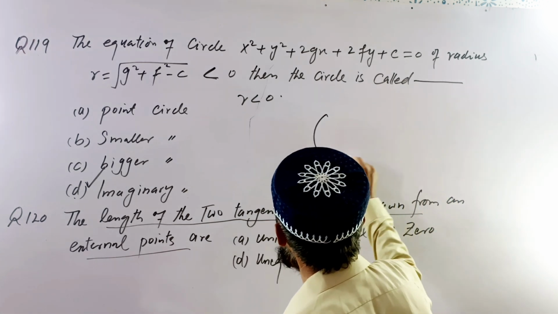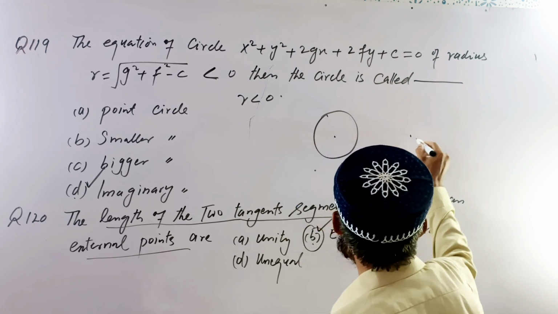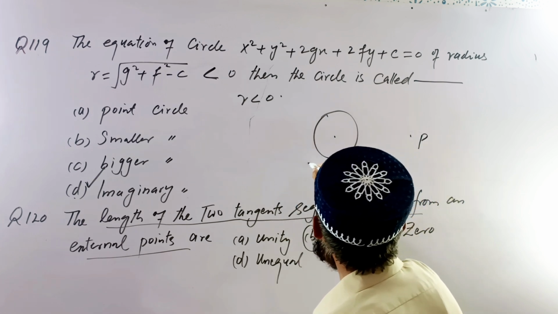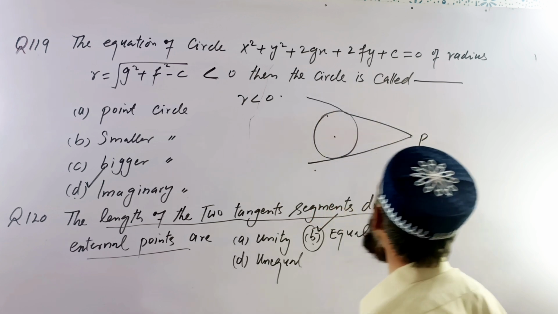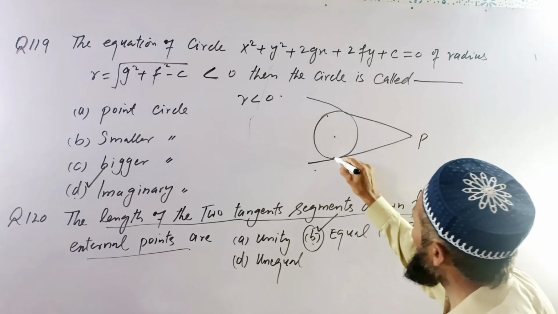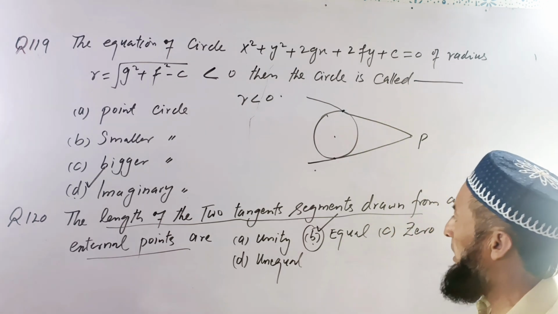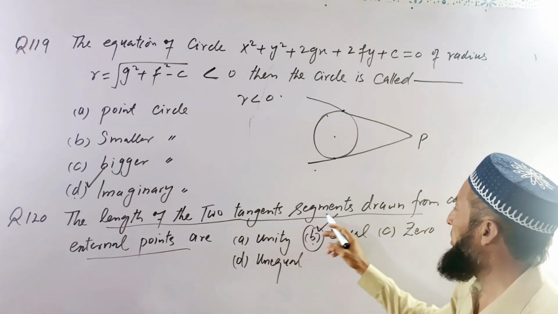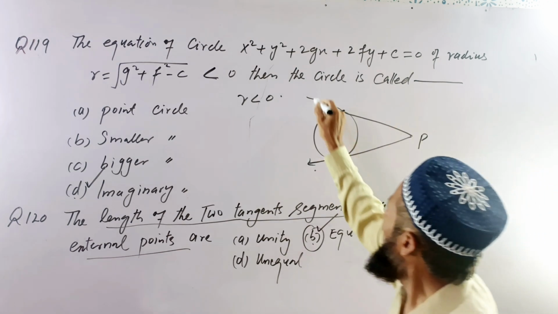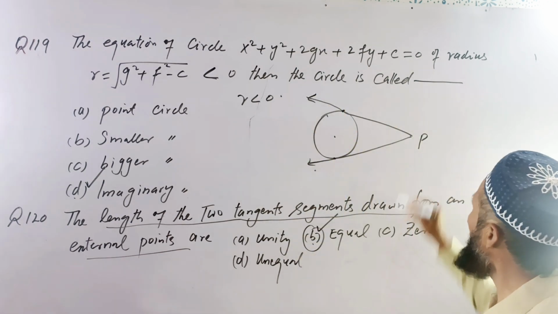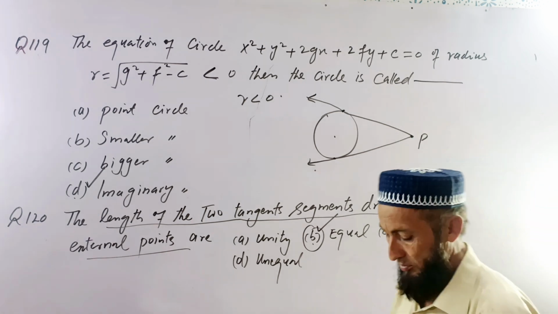For example, this is the circle with its center, and this is the external point P. If we draw two tangents from P touching the circle, they will be equal segments from the external point P.